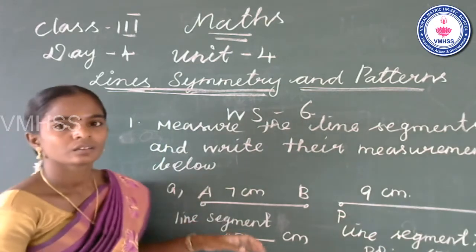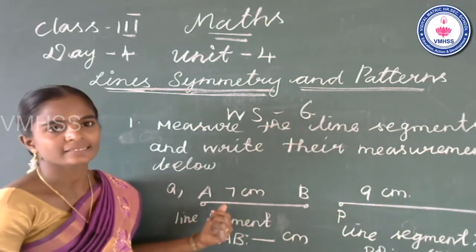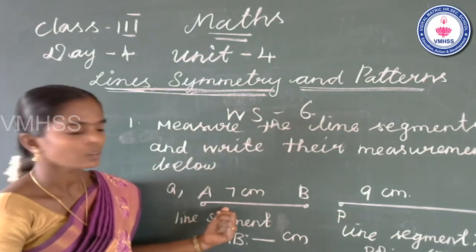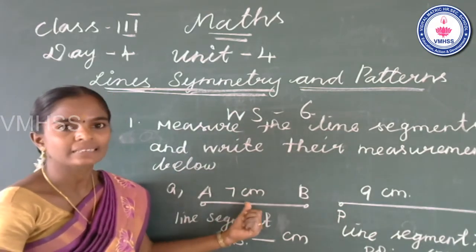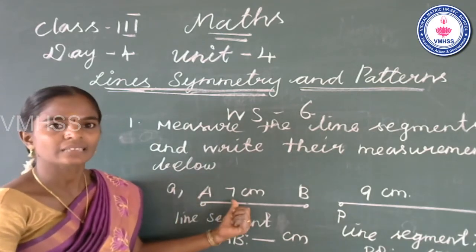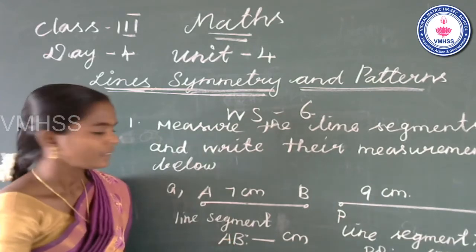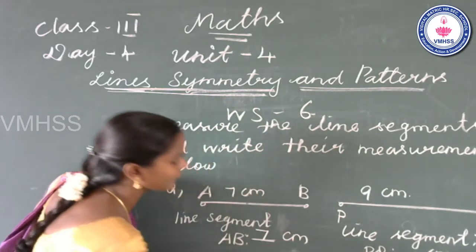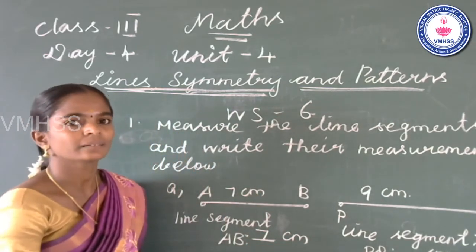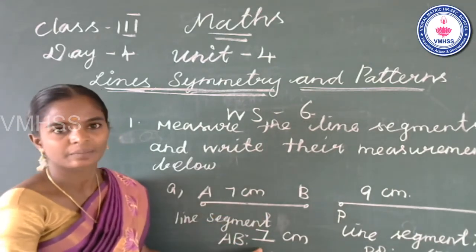Children, you take the ruler and measure the line segment. So we get the answer 7 centimeter. So line segment AB is 7 centimeter. Write the answer.